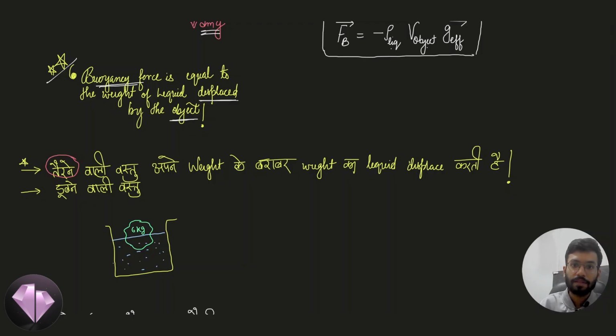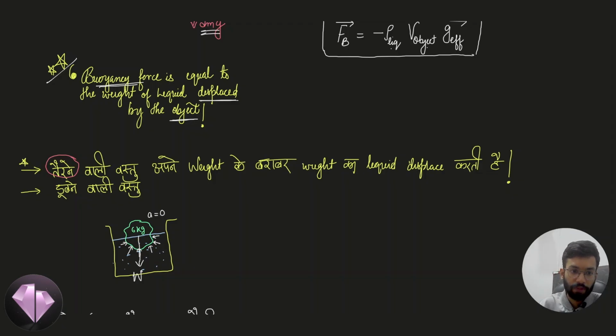Object तैर रहा है means it is currently experiencing no acceleration. Its net force is 0. Its acceleration is 0. Correct? But what are the forces acting on this object? There are only two forces acting on the object. One are the forces by the fluids, so ये सारे जो normal contact forces हैं by the fluid elements. And one is the weight of the object.